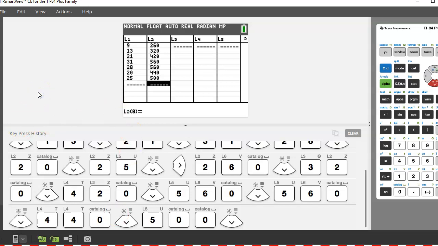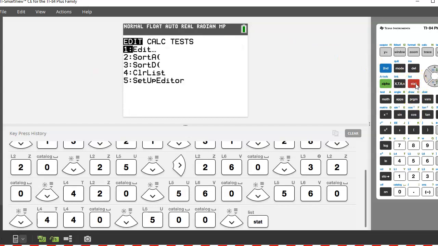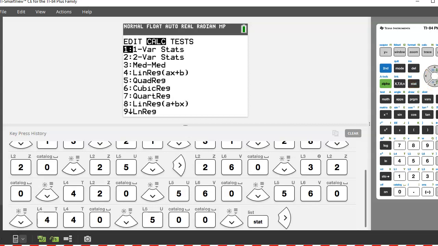Alright, once you have your tables, whether that's in Desmos or your calculator, I'm going to start off with your calculator first. Go into stat, then scroll over to calculate. And then do number 4, linear regression number 4.